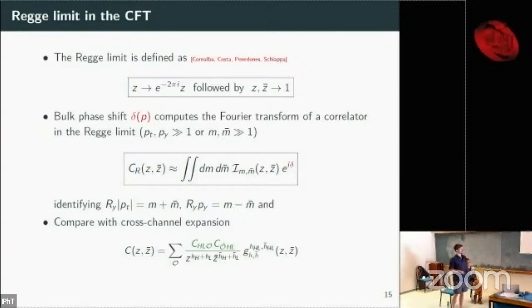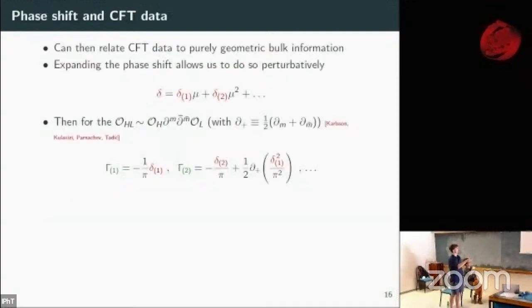From this, by taking your correlation function, expanding it in the cross channel, and studying very carefully the Regge limit as stated here, you can start to map bulk quantities, on the right-hand side, to interesting CFT data, on the left-hand side. So it's visually acceptable to take for granted that you can relate bulk and CFT quantities, but to do it takes a bit of work.